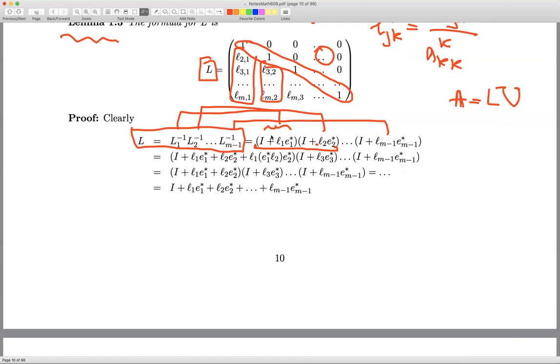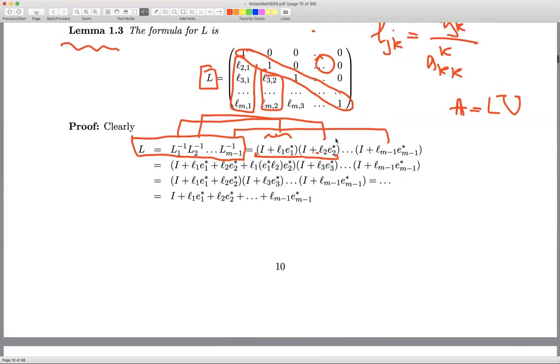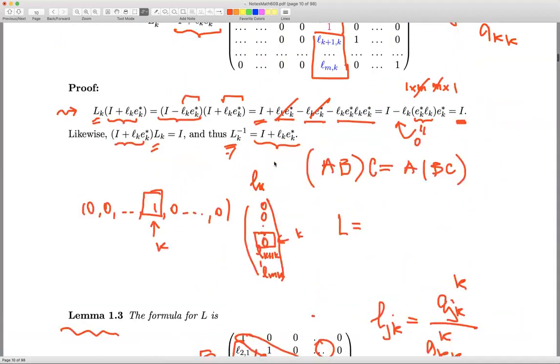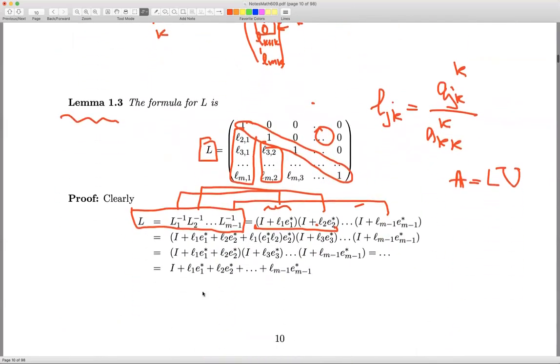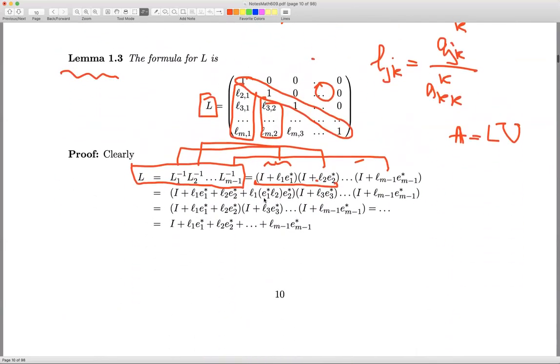Then after that, it is L1 E1 star, then L2 E2 star, and this is the matrix L1 E1 star times L2 E2 star. As we did here, we know that we can put parentheses anywhere in this product, and we decide to put the parentheses right here.